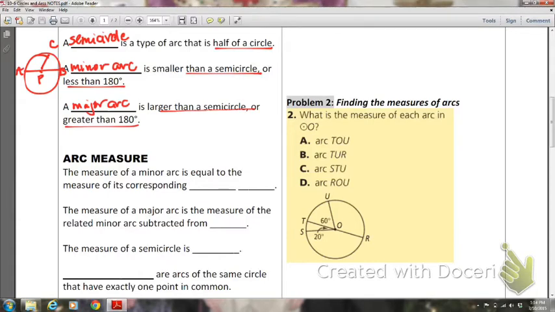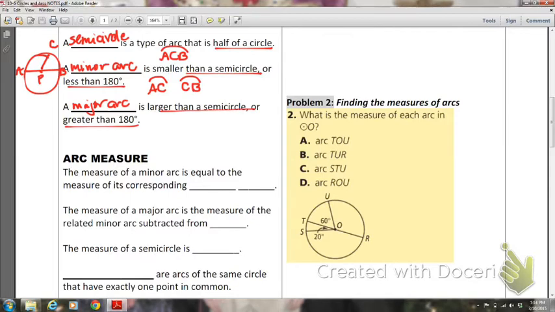The semicircle I could name arc ACB. And a minor arc is less than 180 degrees. There are a couple of them here. Arc AC would be less than 180 degrees, and arc CB would be less than. So I'm just going to name those with 2 letters.